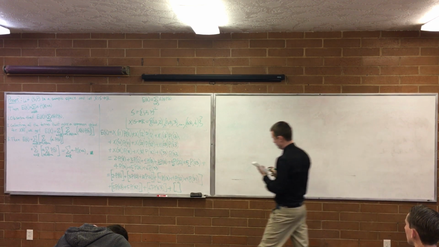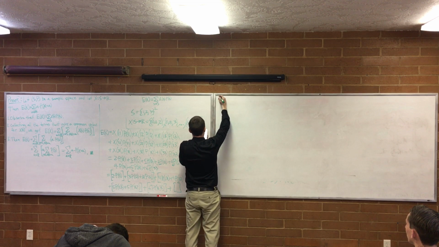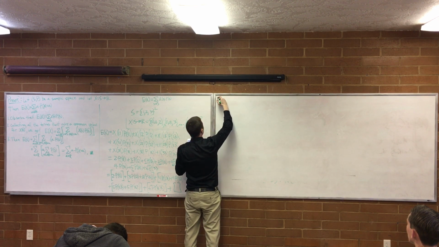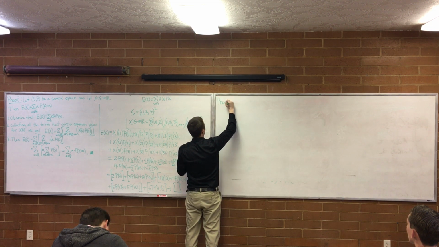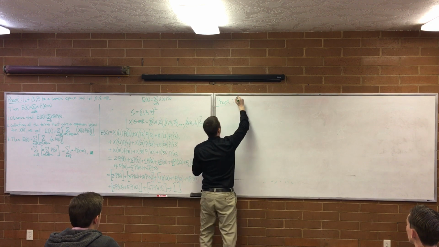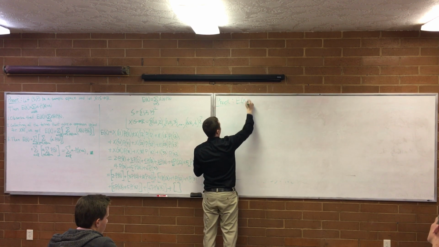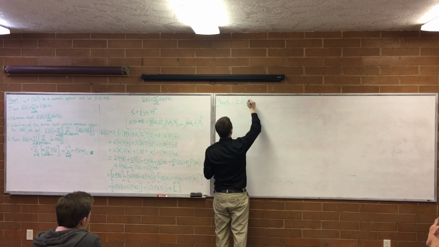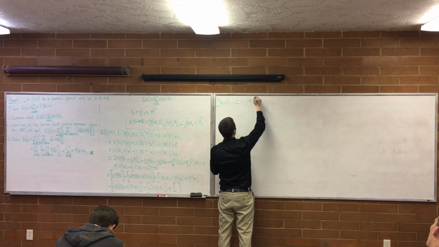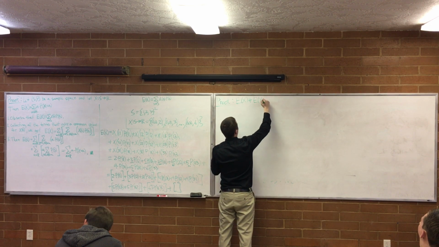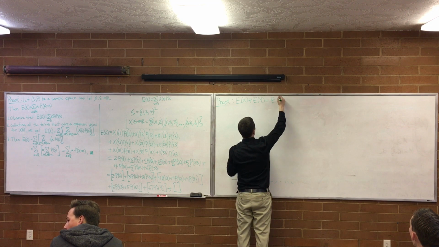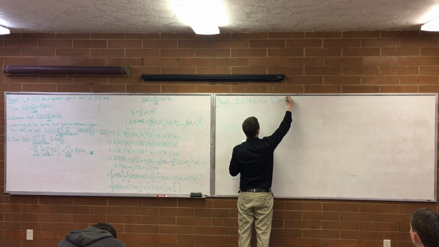First off, this one's really easy. I'm not going to write out everything, I'm going to use words for a lot of it. Prove that if x and y are random variables on some sample space, the expected value of x plus the expected value of y is equal to the expected value of x plus y.